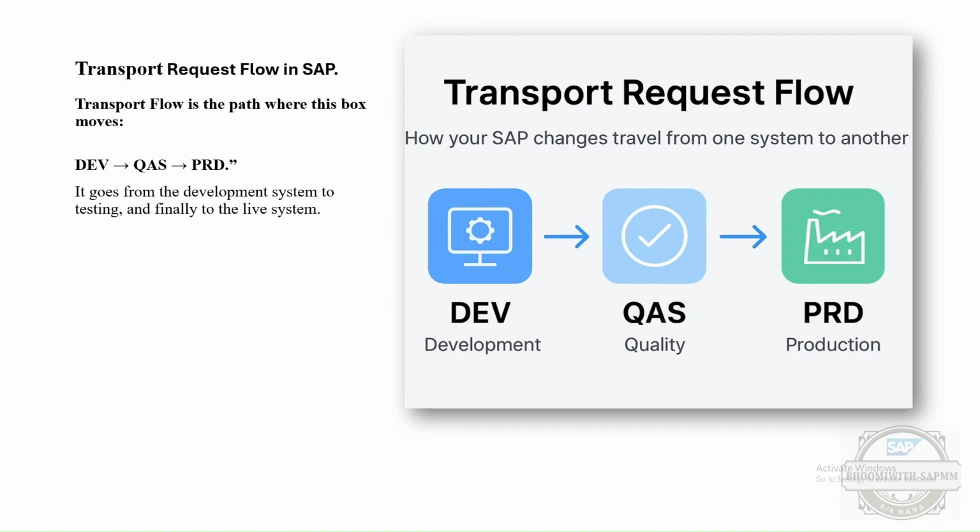This is the live system where real business users work. So the complete flow is dev to QAS and QAS to production, which means it goes from the development system to testing and finally to the live system.